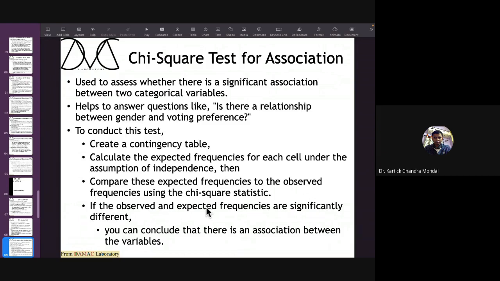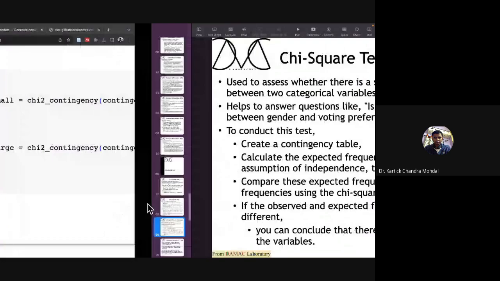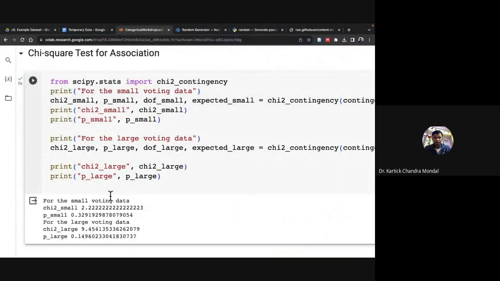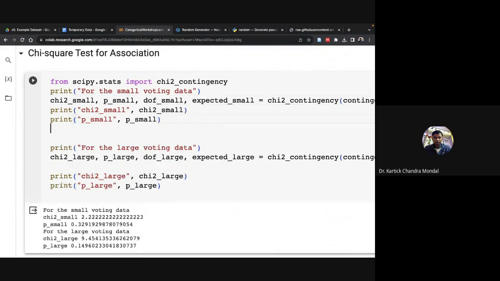If the observed and expected frequencies are significantly different, you can conclude that there is an association between the variables.